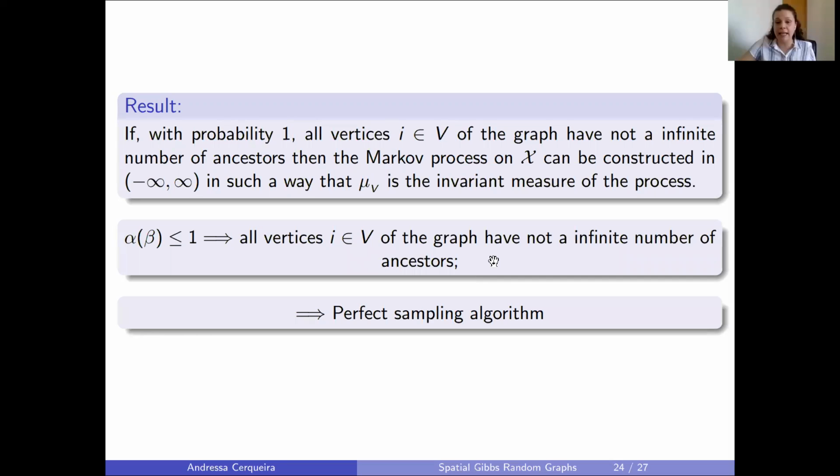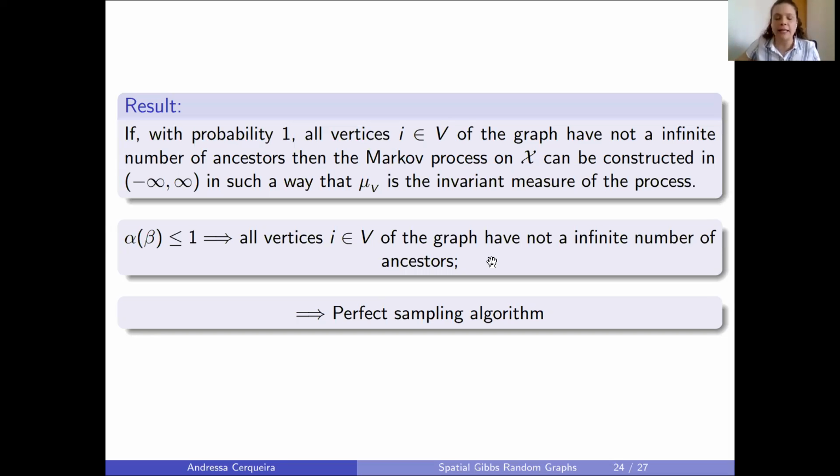This is a technique that we call perfect sampling or perfect simulation algorithm. This is the technique that we use because the clan of ancestors is very powerful: we can construct the perfect simulation algorithm just by going back in time until a point where we don't need to look to the past anymore, and then we just run the chain, and we can guarantee that at time 0 we are sampling from the invariant measure of the process.